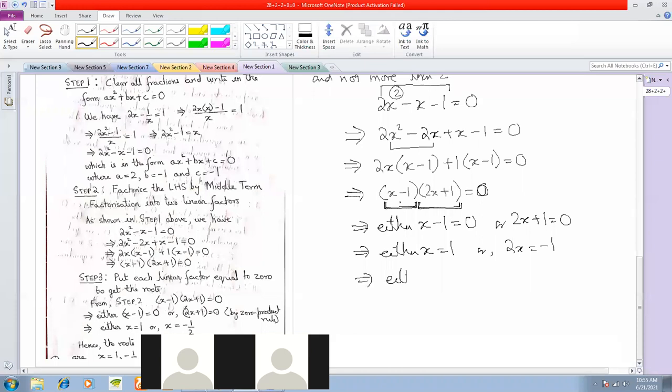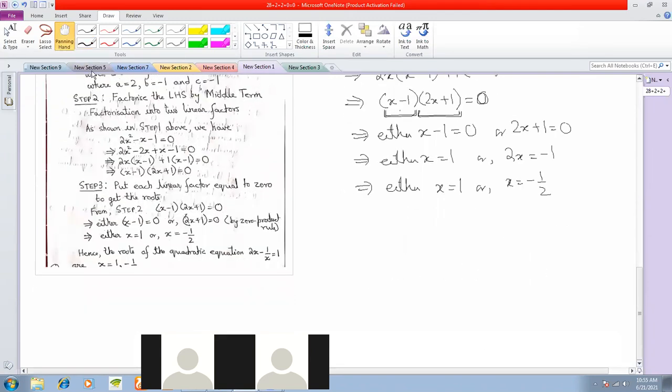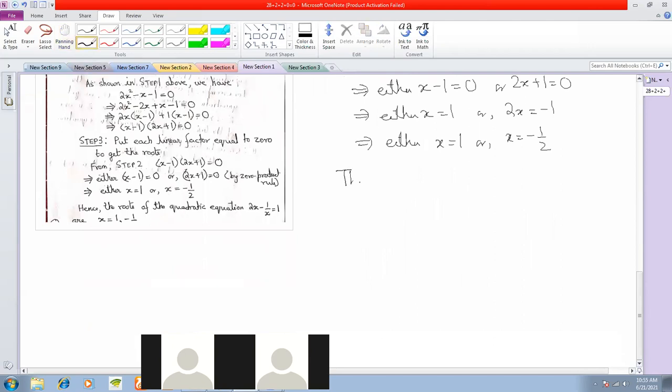That means either x is equal to 1 or x is equal to minus half. So what are the two solutions? The two solutions are x is equal to 1, x is equal to minus half.